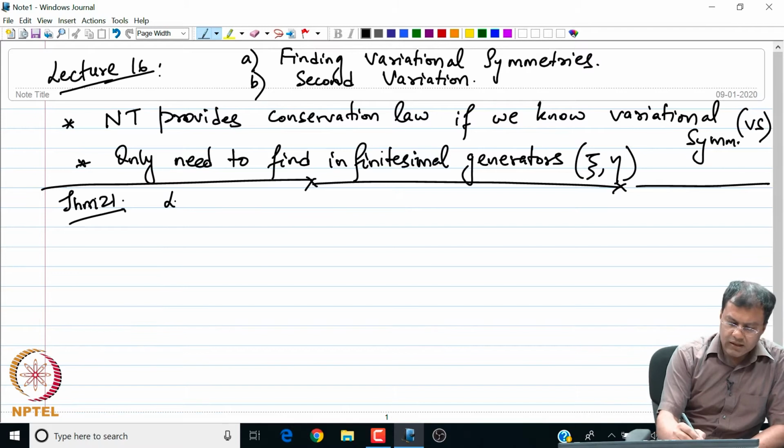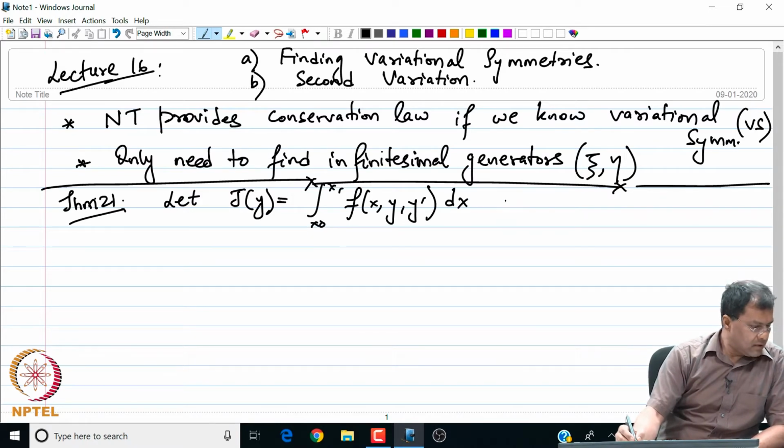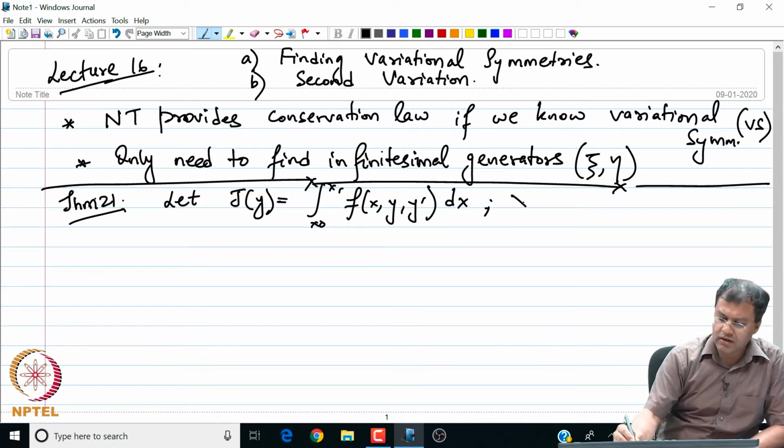Let us say that we are given a functional of the form integral x naught to x 1 f of x comma y comma y prime dx, and we are given the transformations x is equal to theta of x y epsilon and y is equal to psi of x y epsilon.